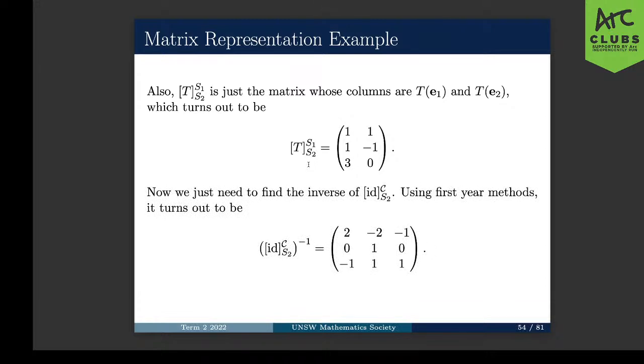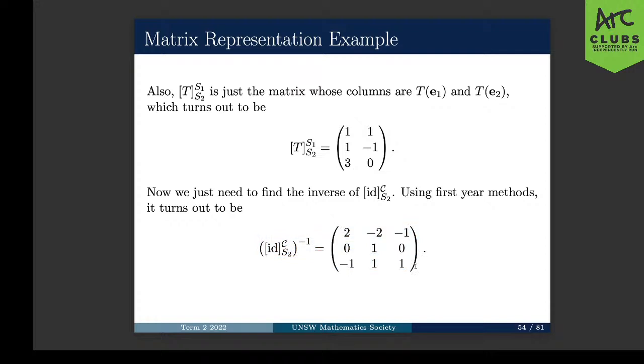And before we put all of this together, we have to find the inverse of this matrix here, because that was what the formula says. Using first year methods, like augmenting it with the identity matrix on the right and doing some row reduction until the left matrix becomes the reduced row echelon form, we found out the inverse is this.